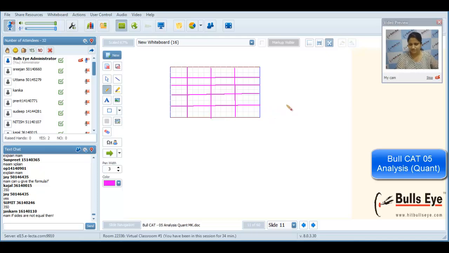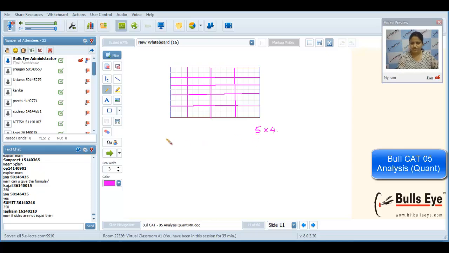This is a rectangular chessboard. What is the dimension here? This is 5 by 4. This is the dimension. Please consider all the smallest squares are equal. The distance between any two sides is equal here.